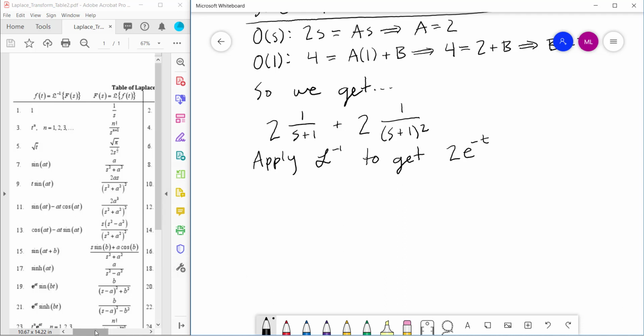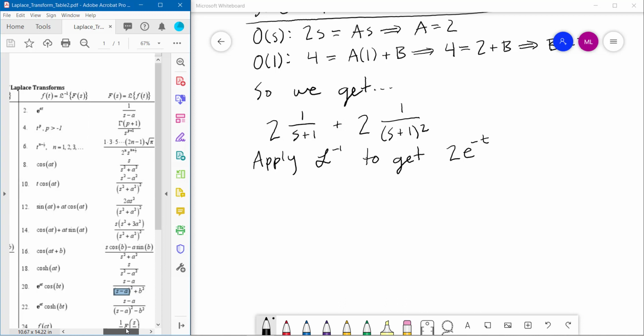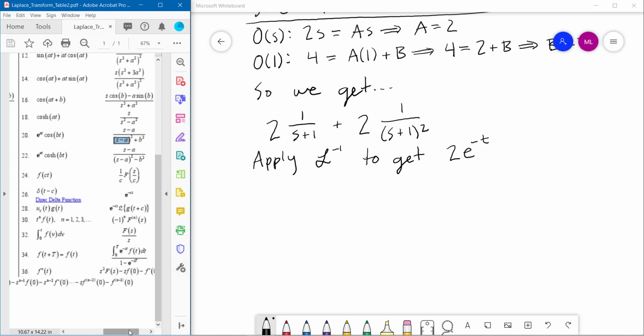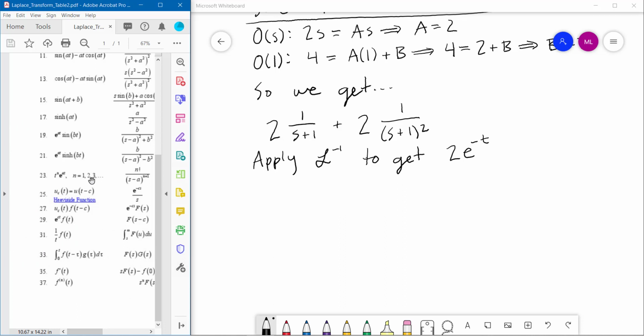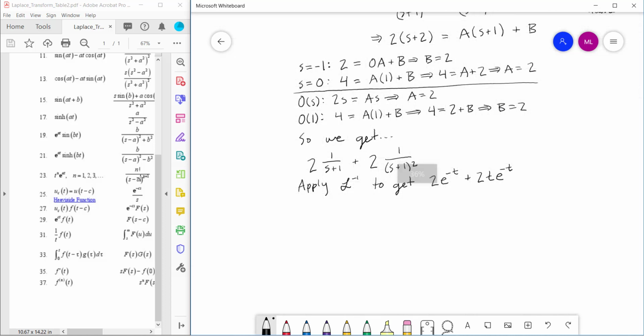That comes from equation number 2 up here, where I'm writing this as s minus negative 1, so it takes this form. And this one was the form of equation 23 that we just were looking at, this form right here with n equals 1. So that one will get 2 times t to the first power e to the negative t. So that part gives us this contribution towards our solution.